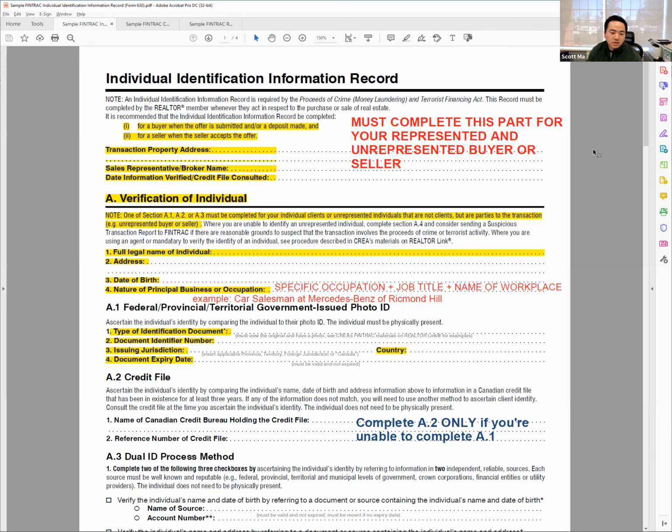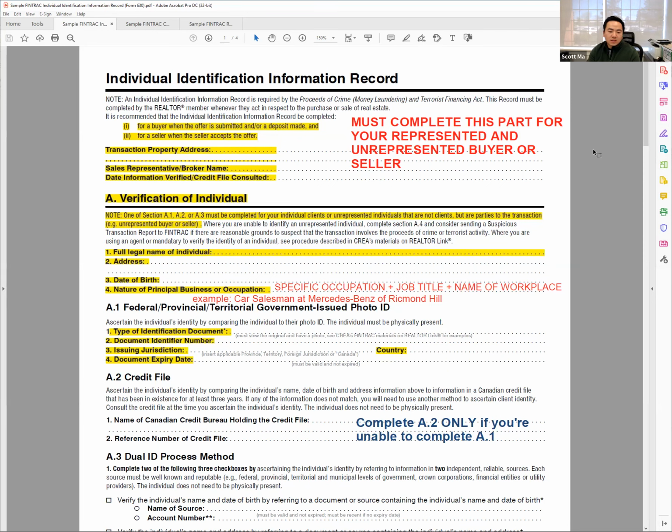And as real estate brokers and salespersons, we have an obligation to maintain these records of our clients. And in the event our brokerage is ever audited by FINTRAC, we would have to provide these records to FINTRAC.